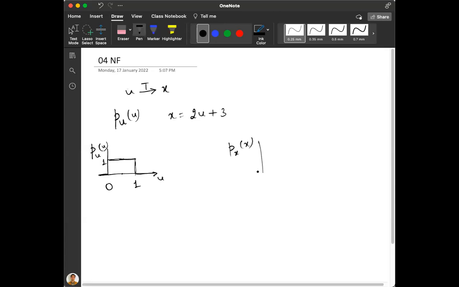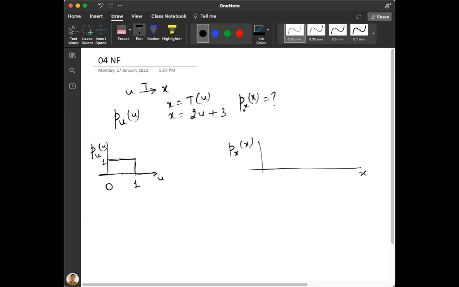How will this look? x is basically some transformation of u, and in this case, this is 2u plus 3.